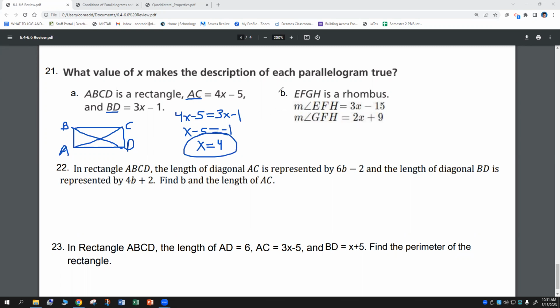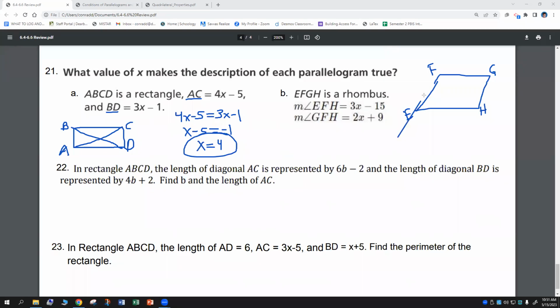All right, for the rhombus over here, let me draw it out, right? We have E, F, G, and H. So angle EFH, let me draw that in.